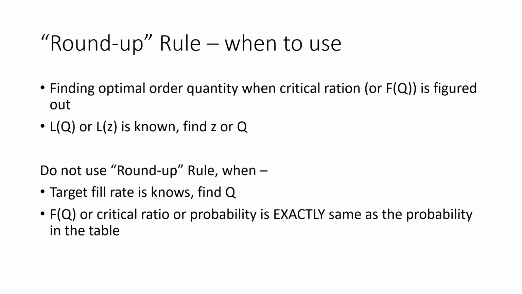F of Q or critical ratio or probability is exactly the same as the probability in the table. So you find the one where the probability is the same as you can find in the Poisson table or normal table. Just take that number. Don't find a higher one.